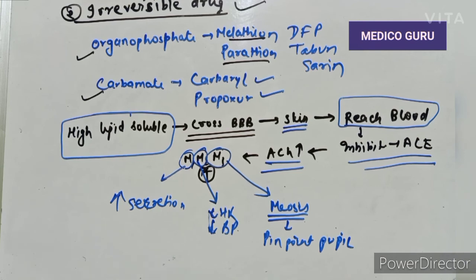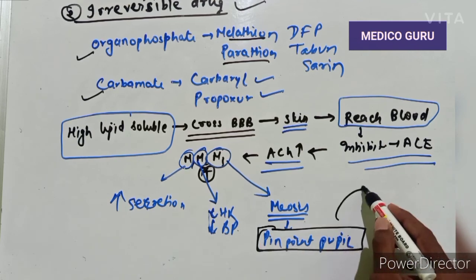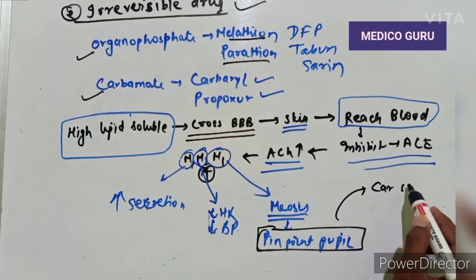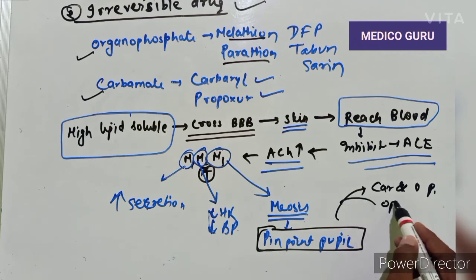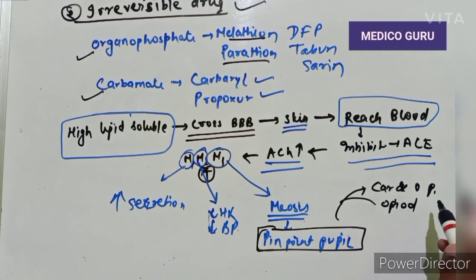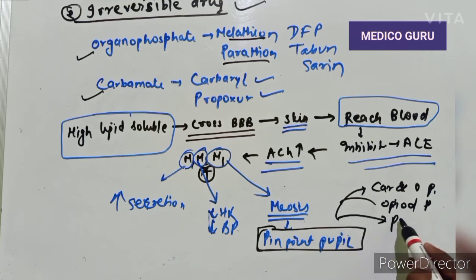Pinpoint pupil is seen only in some rare conditions: carbamate and organophosphate poisoning, opioid poisoning, or phenol poisoning.